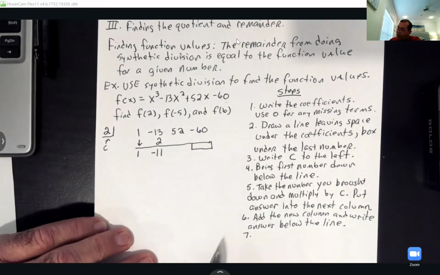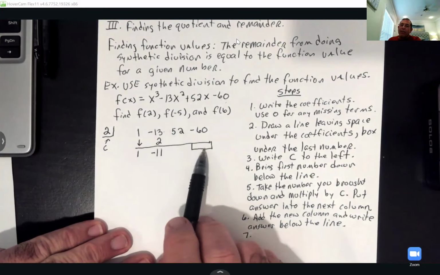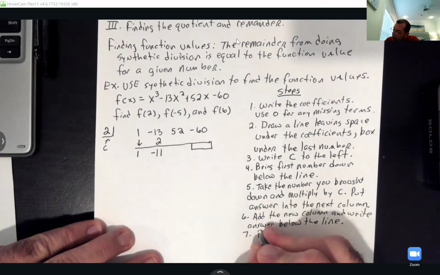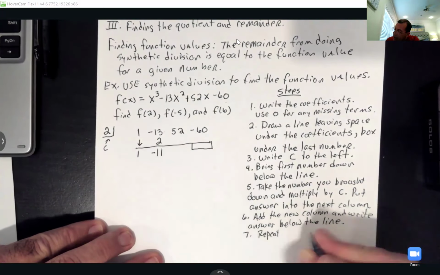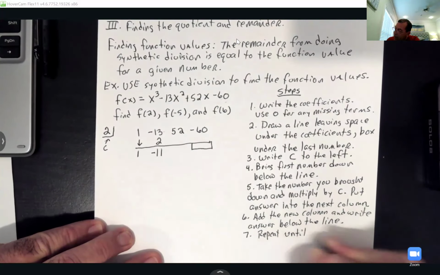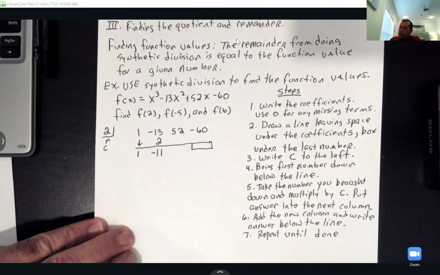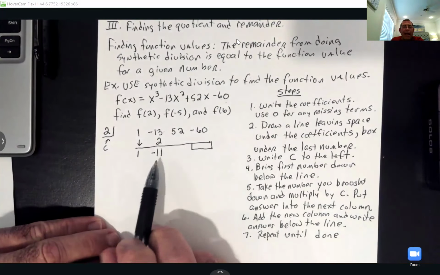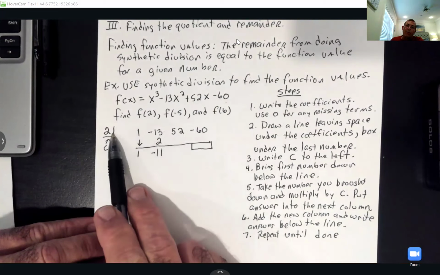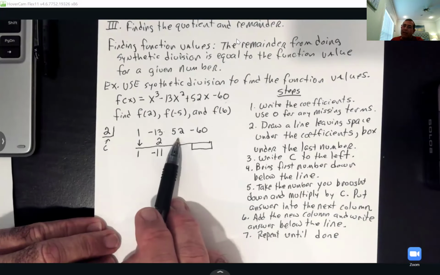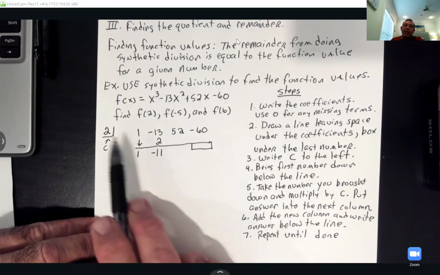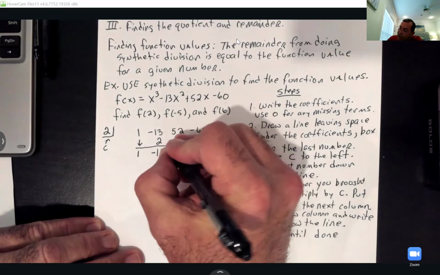Now, at that point, I'm going to repeat this process until I'm done. So repeat until done. So the number I brought down, now this negative 11, is going to get multiplied by the C to go to the next column. So let's see, negative 11 times 2 is negative 22.